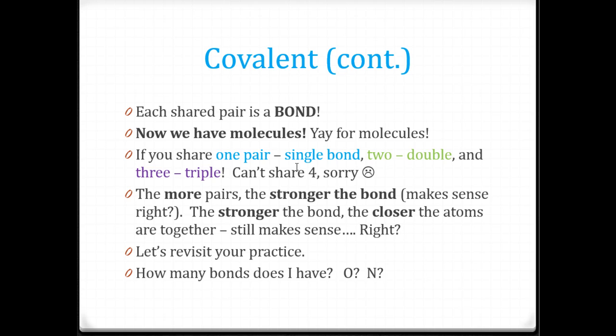It just doesn't happen. The more pairs, the stronger the bond, and the stronger the bond, the closer the atoms are together. Remember, they're sharing and pulling each other closer and closer. So the more bonds you have, the stronger the overall bond, and the closer they are together.